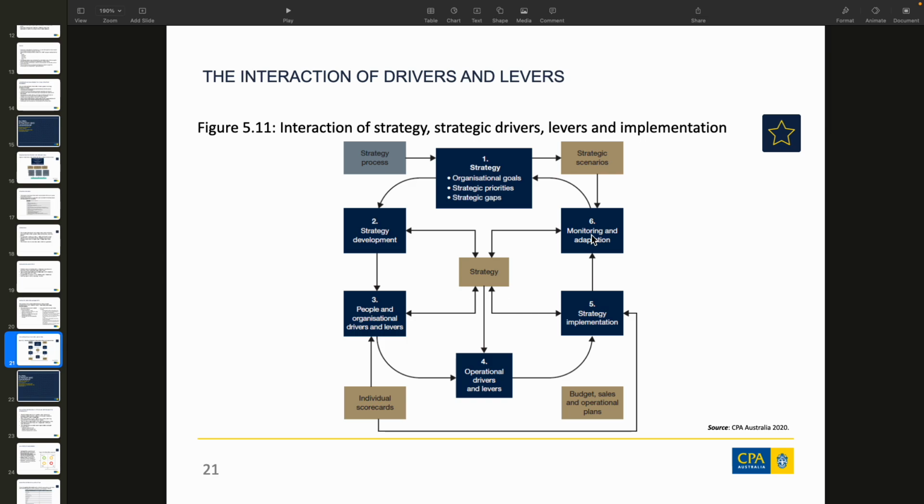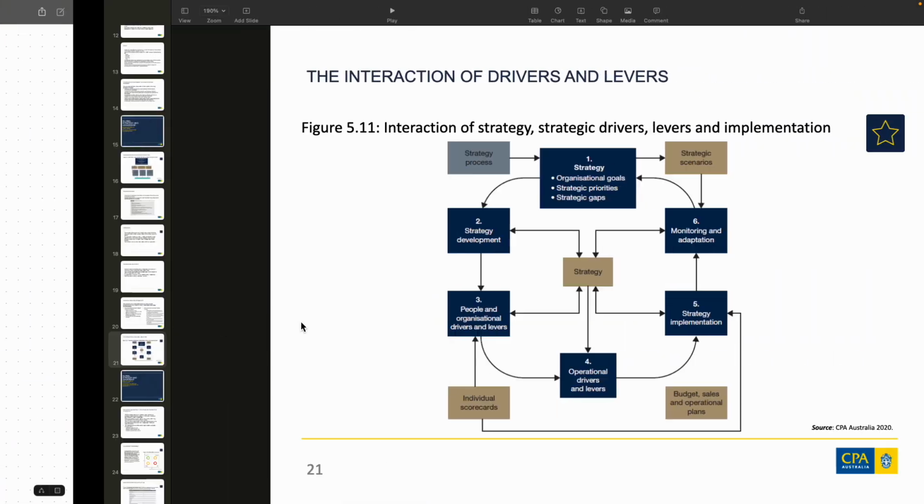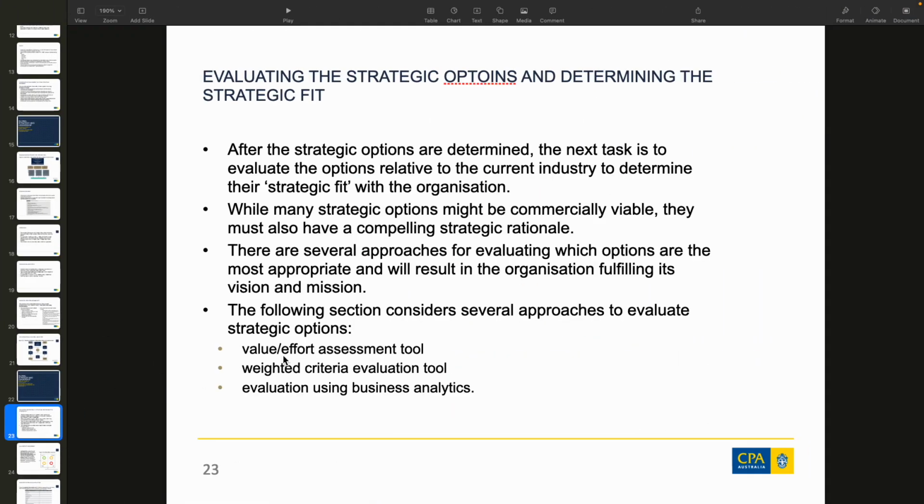They catch a mistake, they keep on going. They repeat the mistake until it eats up all their profit. Okay? Same thing like Tesco went into the US market, they made a mistake, but they kept on going until they lost 2 billion. Okay. Now, we okay on the value effort assessment? Yes or no? Yes. Okay.